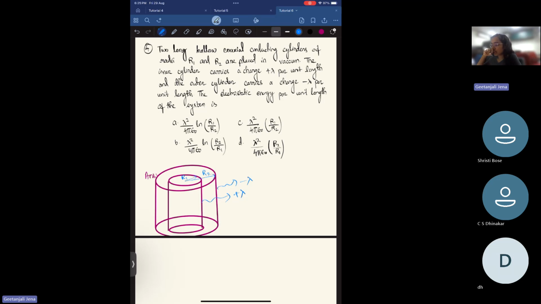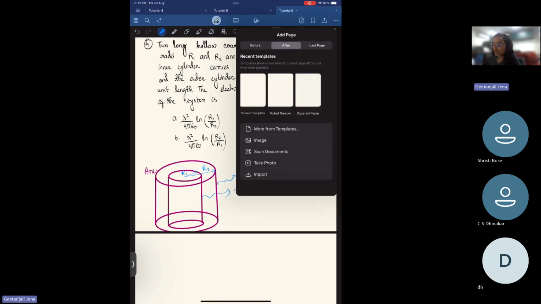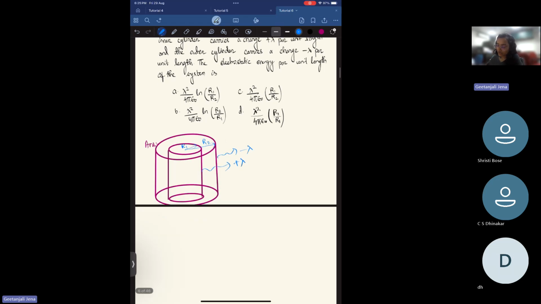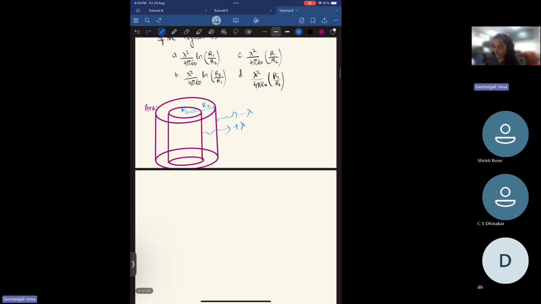So to find the electrostatic energy, you can follow any of the formulations that have been given in the lecture. So you can follow the rho V dV or whatever you find convenient. If you know the electric field, then you can just use the formula epsilon by 2 E square dV to find out the energy of the system. So W for this case is epsilon by 2 E square dV.